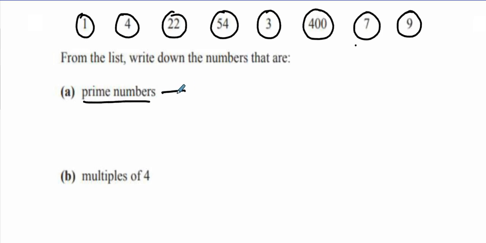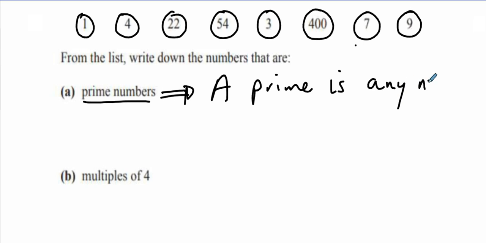Do you remember what a prime number means? We said a prime number is any number except 1. That means 1 is not a prime number.